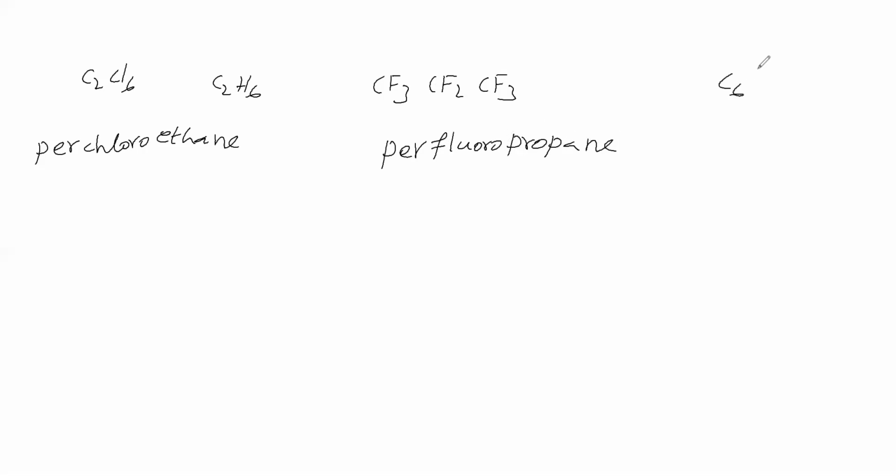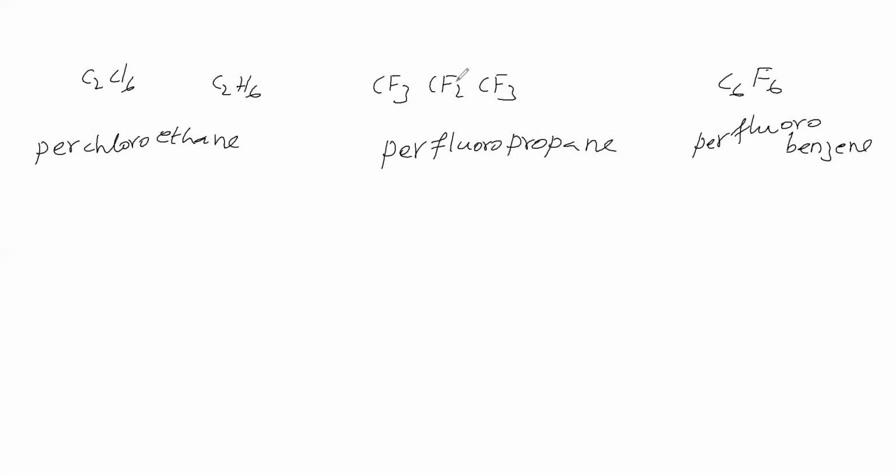Then we take C6F6. If you take H instead of F, it is called benzene. F is there, therefore fluoro. All the hydrogen atoms of benzene are replaced by fluorine, therefore it is called perfluorobenzene. So these are the common names we have seen.